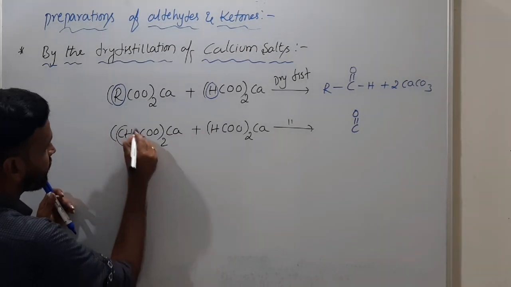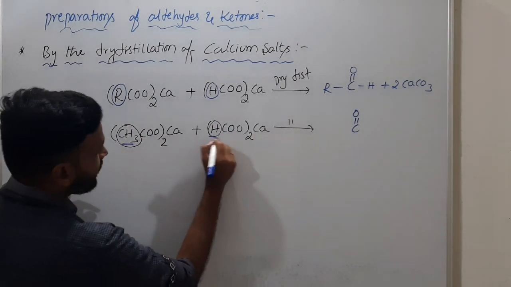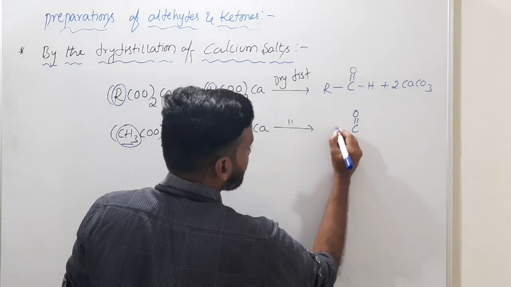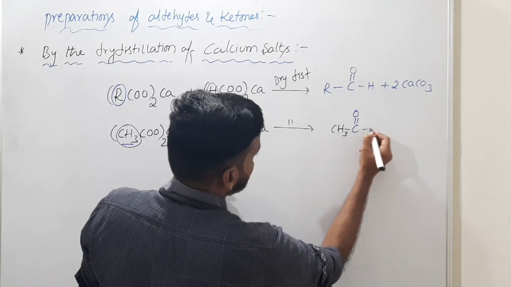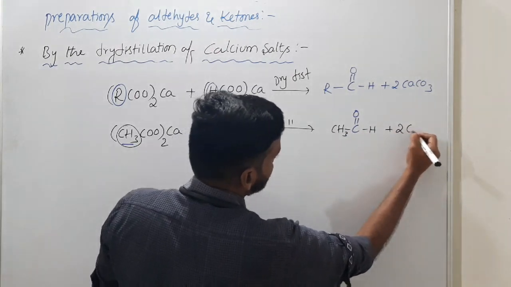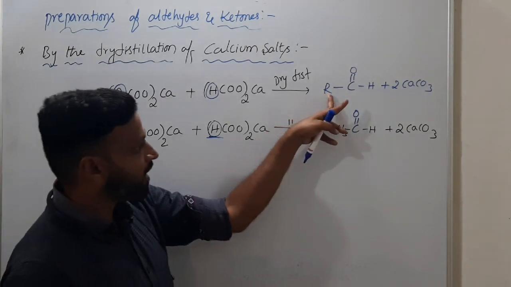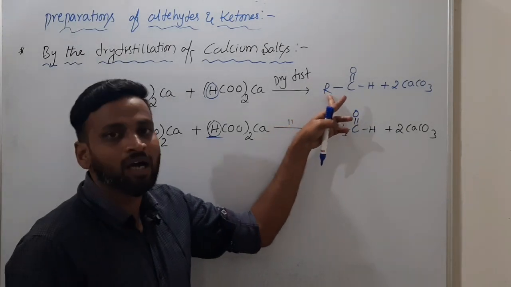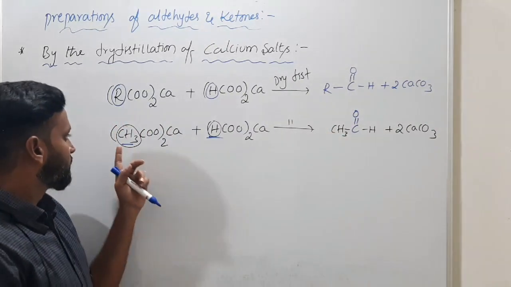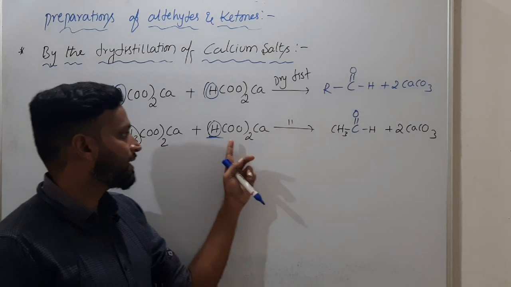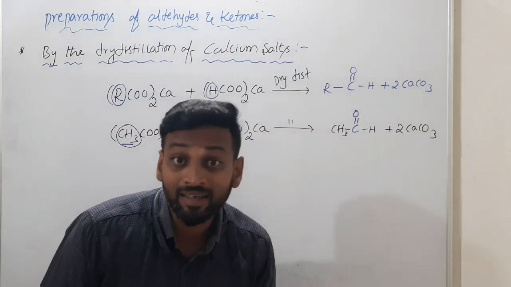See, here you have a methyl group and here you have hydrogen. So the product is CH3CHO and 2 moles of CaCO3. Got it clearly? Instead of R, you have methyl. R means alkyl, and that alkyl is methyl here. So if (CH3COO) twice Ca and (HCOO) twice Ca react, you are having aldehyde.